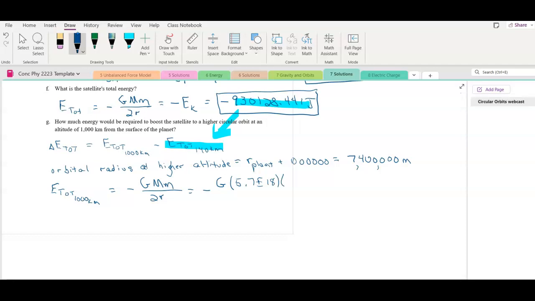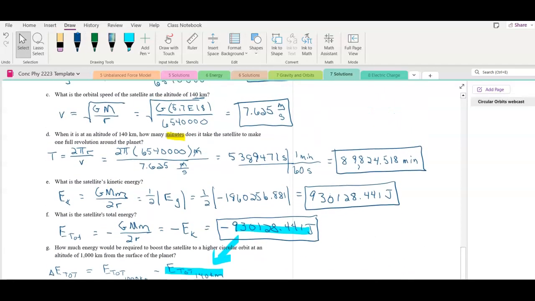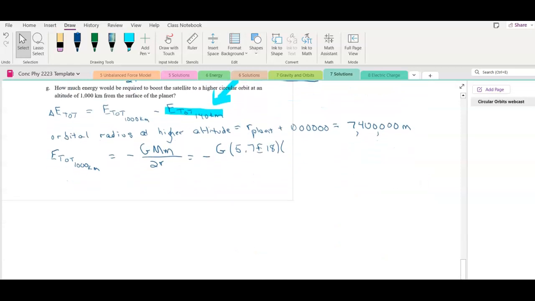The mass of the satellite was 3.2 e to the 4th.